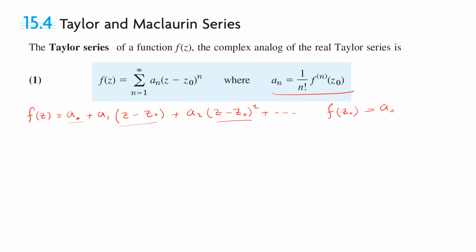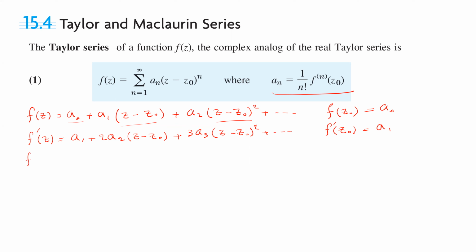If you want to find a1, then you calculate f prime of z, and that becomes a1 plus 2a2 times (z minus z naught), plus the next one will be 3a3 times (z minus z naught) squared, and so forth. And then if you put z equal to z naught, you get a1. So f prime of z naught becomes a1.